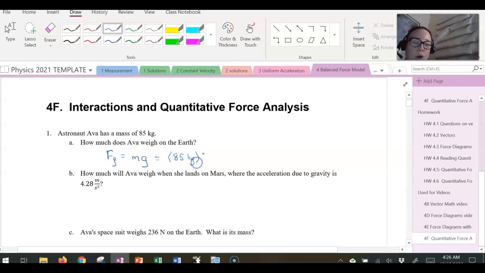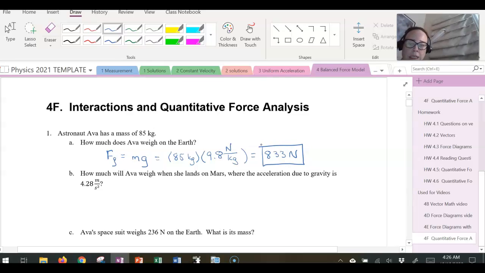And it says that she's on Earth, and on Earth, the acceleration due to gravity is 9.8 newtons per kilogram of mass. And so if we multiply those, we see that her weight is 833 newtons. Weight is a force, and it's always measured in standard units of newtons.